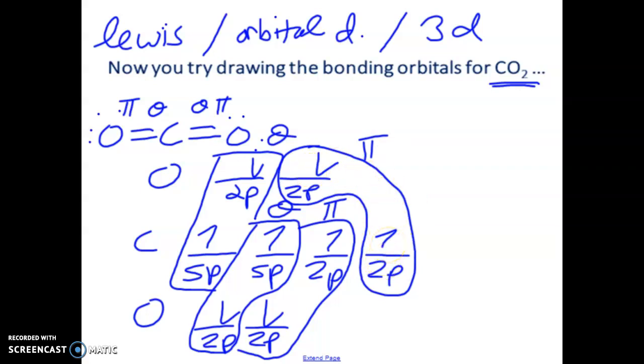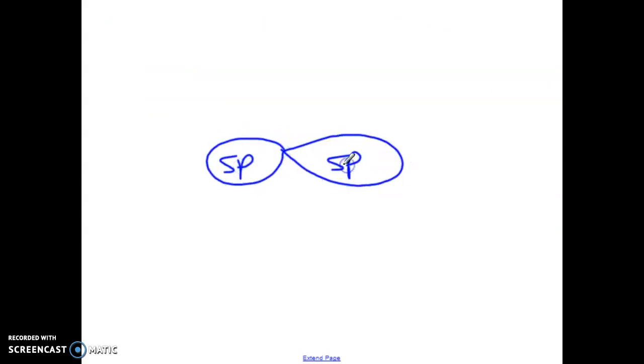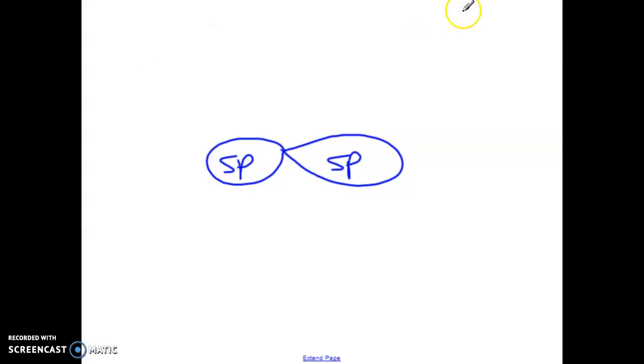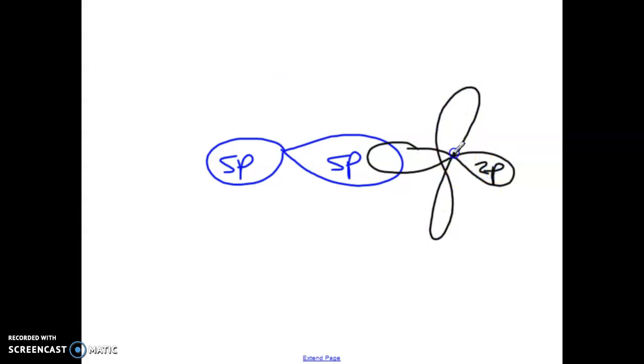Now for the 3D representation, we have carbon with sp and sp on either end. Remember, oxygen has two 2p's. So here is oxygen. The sp-2p overlap is our sigma. We're going to do the same thing on the other side.